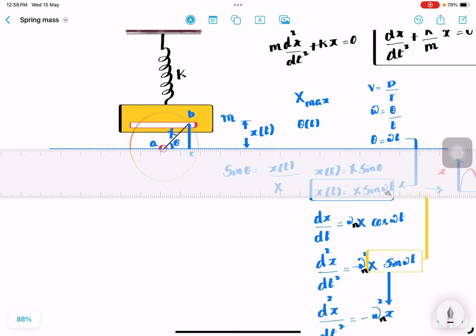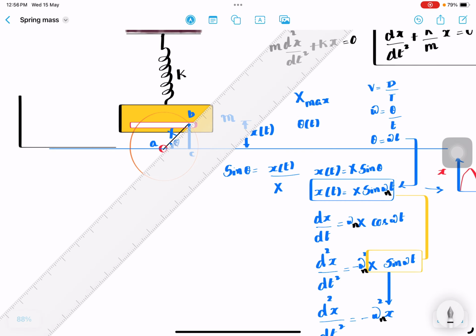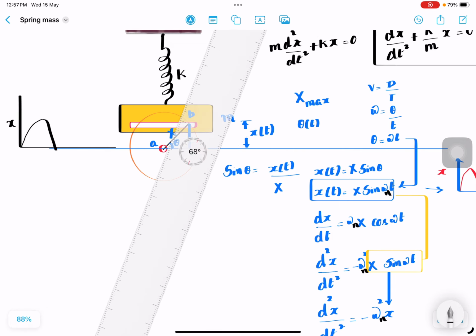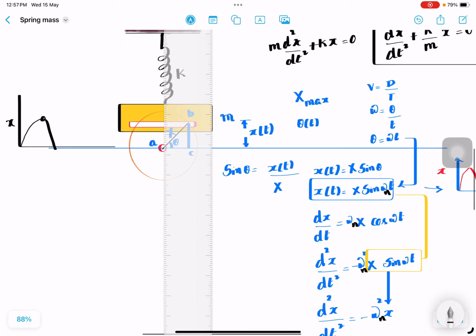Let me represent that even more clearly. So you could see that it's 0. Then when the link rotates, the magnitude of displacement increases in a sinusoidal manner. So that is x. When it reaches the maximum, it reaches this position.